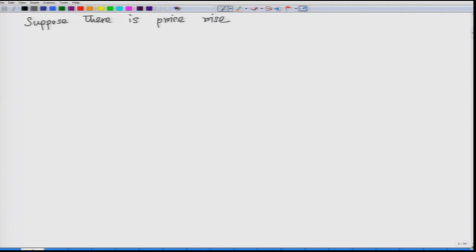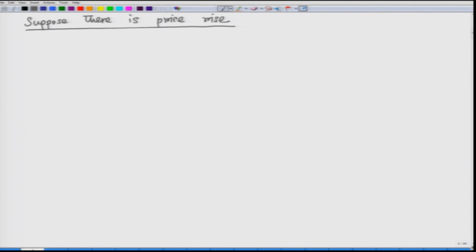Just to be consistent with the motivational talk before we started the index number discussion, because indexing is generally used when there is a price rise, but it does not mean that the analysis cannot be redone when there is a price fall. Absolutely it can be redone, but let us focus on the price rise, because that is where we started our discussion.